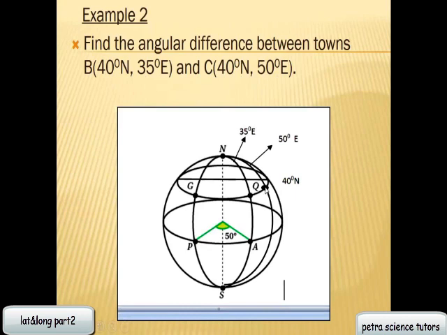B is on longitude 35 degrees east, and C is on longitude 50 degrees east. So this dot is for town B, and this point here represents town C. So how are we going to find the angular difference?